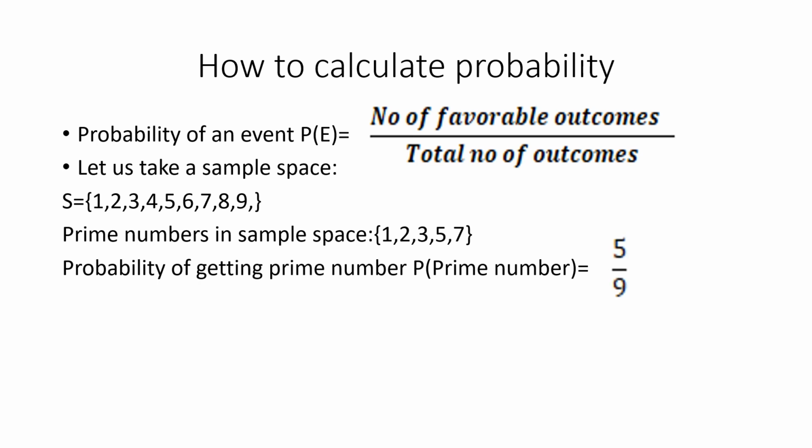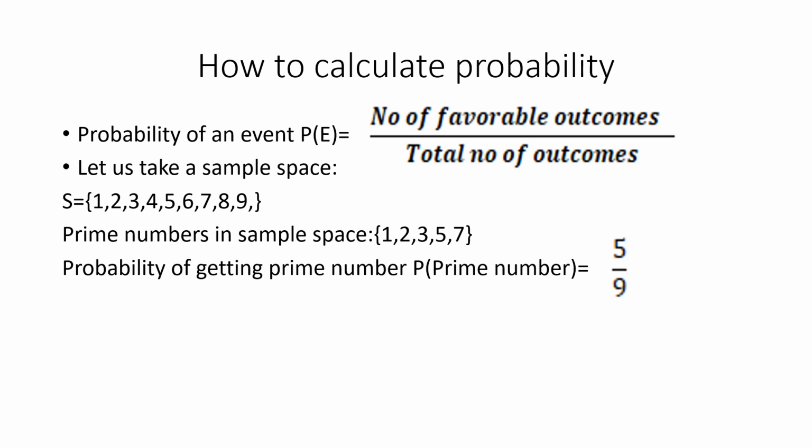is 5 by 9, because 5 is the total count of prime numbers which are available in the space which we have picked from 1 to 9. That is 1, 2, 3, 4, 5, 6, 7, 8, 9. In that there are 5 prime numbers.